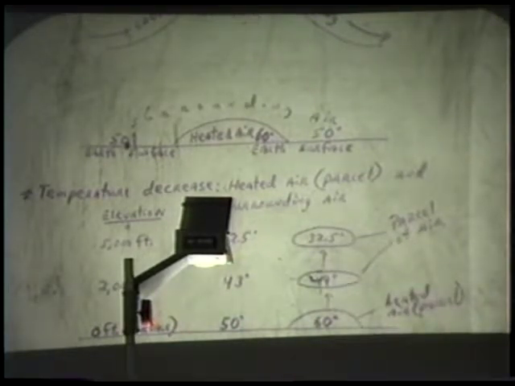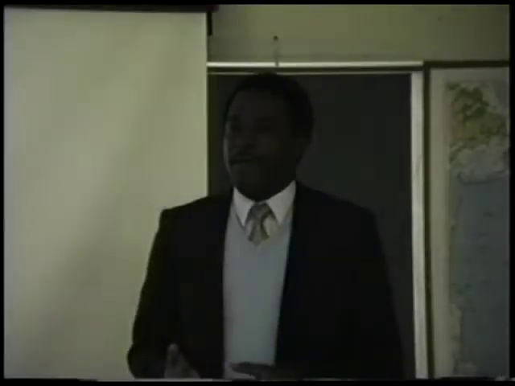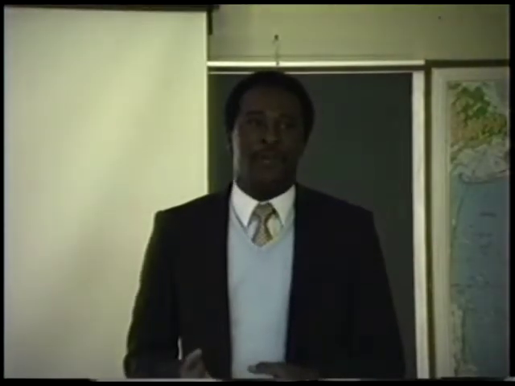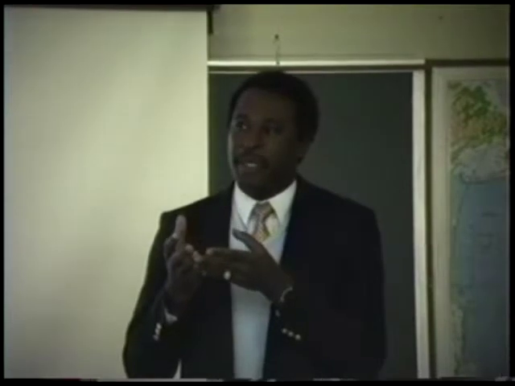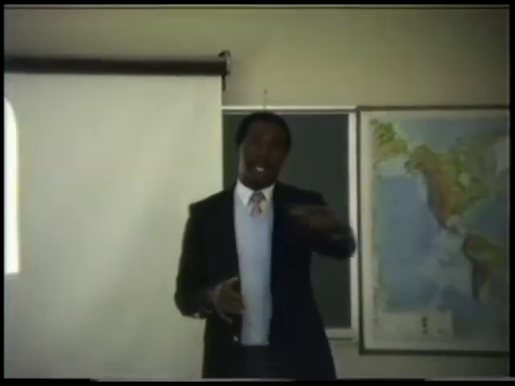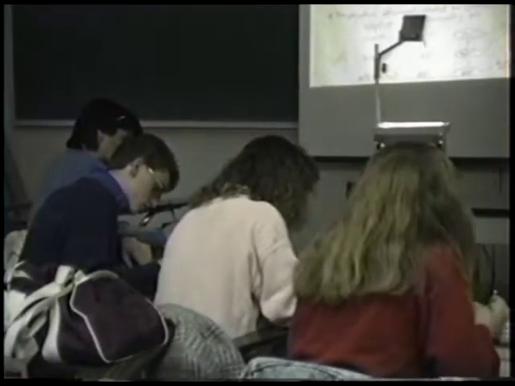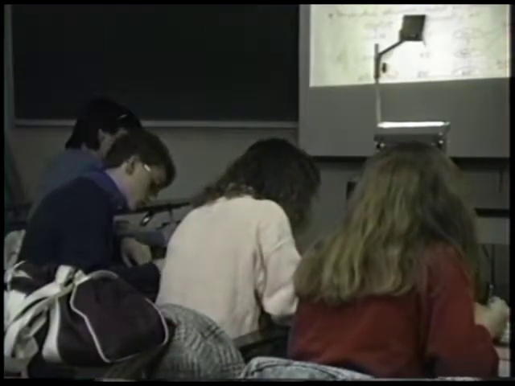So again, in order to understand the specific weather situation that we want to come to understand, we need to differentiate between the heated parcel of air, which has a tendency to rise, and the surrounding air, which is essentially stable. In other words, it does not rise.